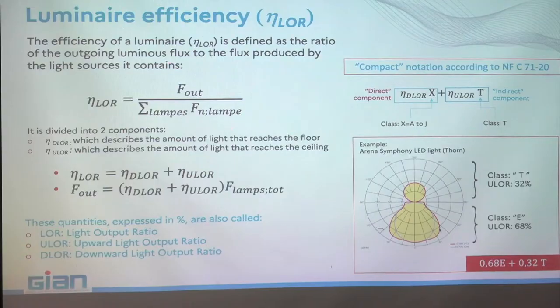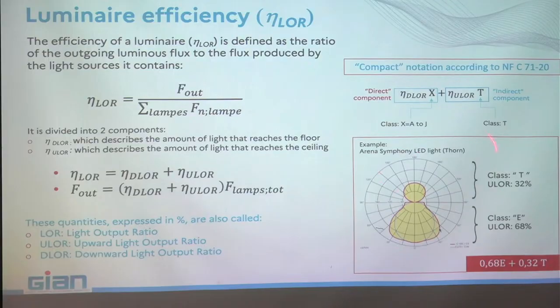Then I can define two efficiencies: the downward efficiency, and the U-lore, the upward efficiency. That is the way you can describe your luminaire, and you don't need to see the curve, because you know what it corresponds to.